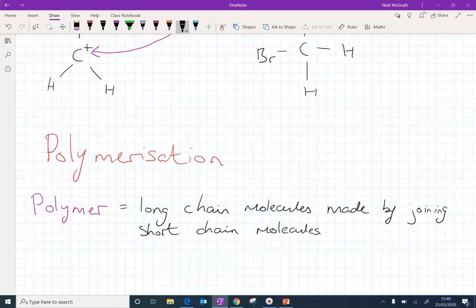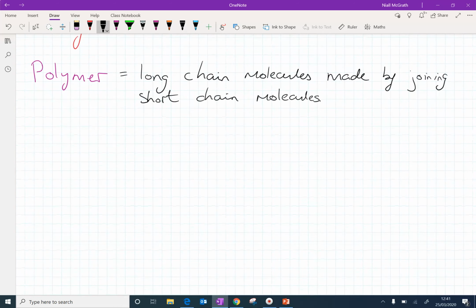So in a polymer, the main chain in the center of the molecule will be the same unit repeating over and over again, but there may be a difference at the end of the chain. So the end group might be different to the rest of the molecule. If we have a look at a few examples, first polyethene.